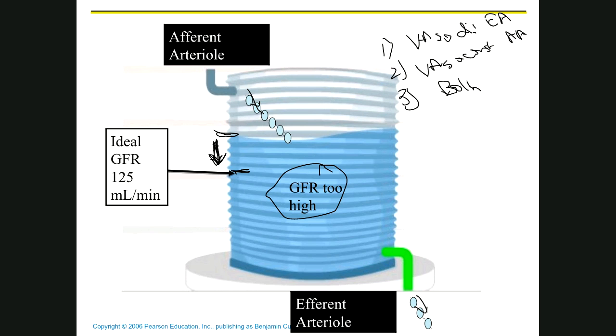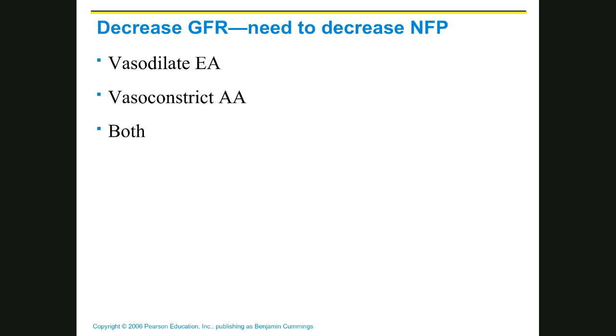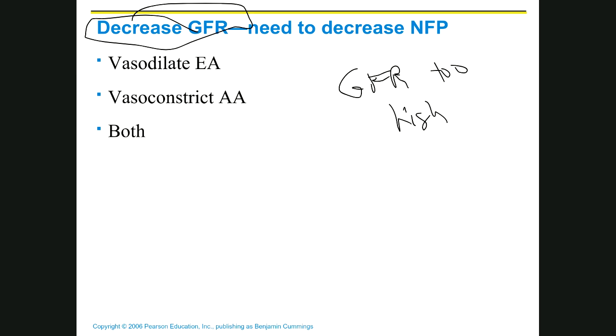And that's exactly what we see here. So look, GFR is too high. And so I need to decrease GFR. I need to make it go down. And so I can vasodilate the efferent arteriole, vasoconstrict the afferent arteriole, or I can do both.